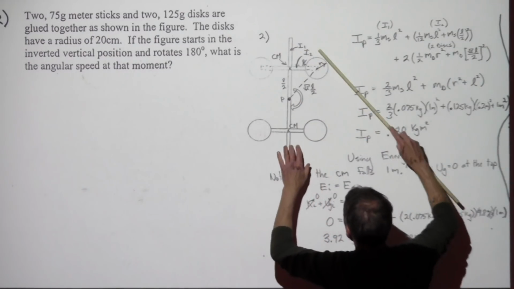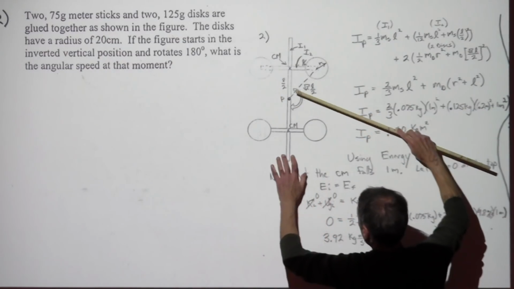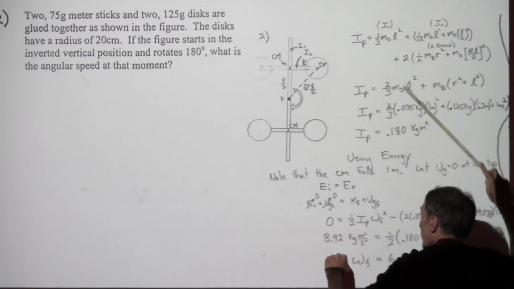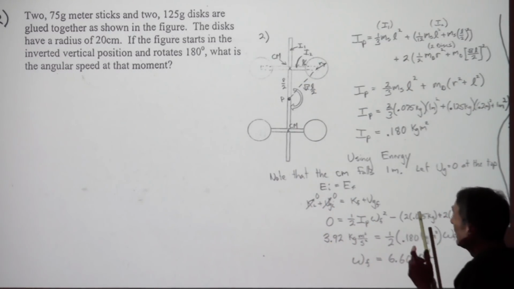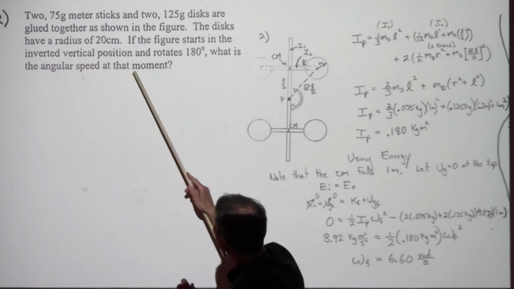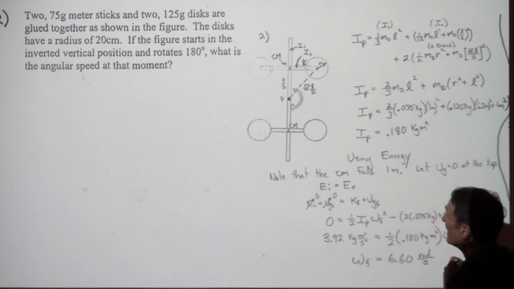It's this thing just rotated up 180 degrees, so it's up on top. That's where it's going to start, and we're going to release it and it's going to swing down. He wants to know what the angular speed is at the moment that this thing swings down and is vertical. So you can see that it has a great deal in common.